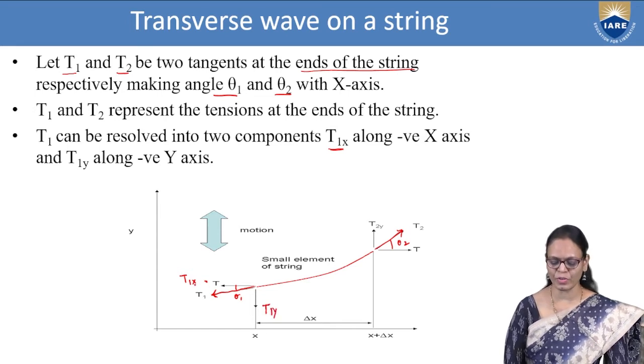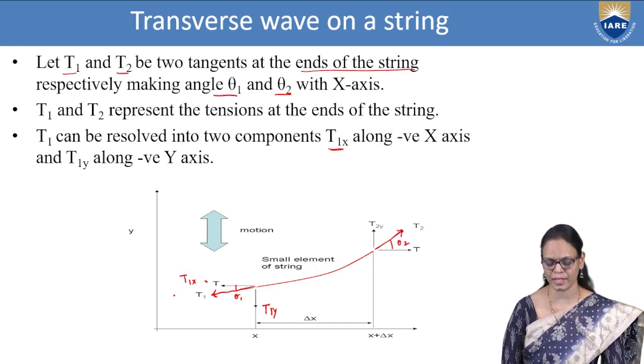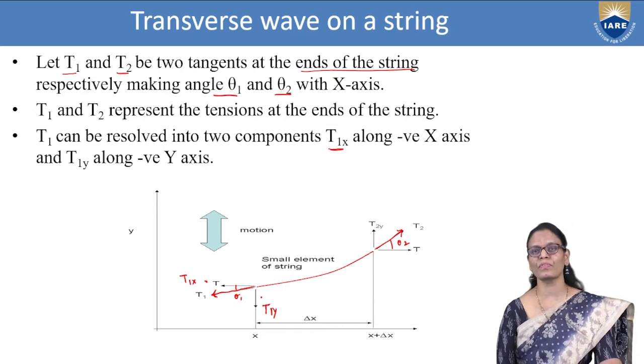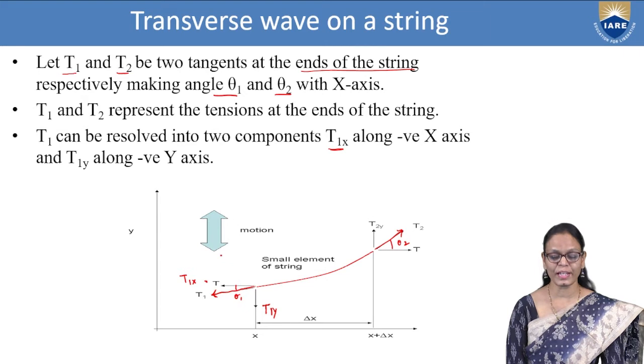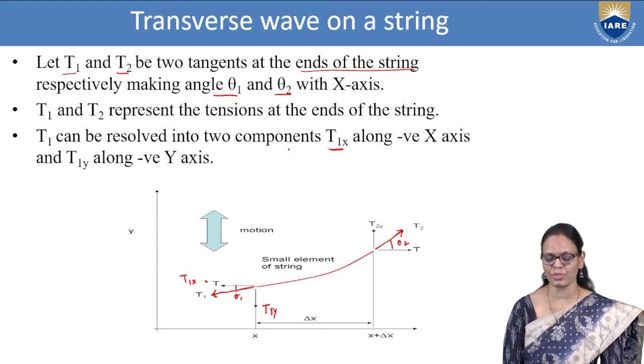If I take this point as the origin, this side is negative along the negative x-axis, and downward we also consider negative. I can say this will be in the third quadrant. So T1 can be resolved into two components, one along the x-axis and one along the y-axis. Here this is T1x and this is T1y.